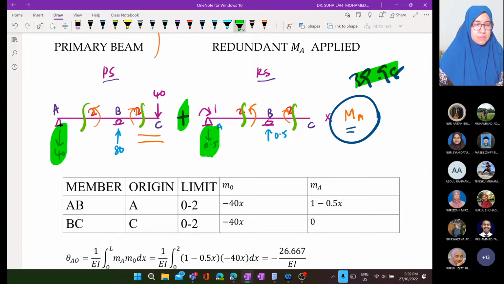So in order to calculate the remaining reactions in the actual beam, we just need to use the principle of superposition. Actually we have two options: not only solving the remaining reactions using the equilibrium equation, but another option, by using the principle of superposition. So what is AY?